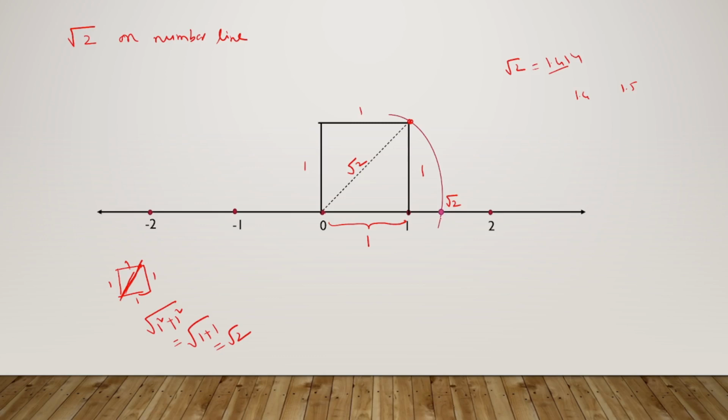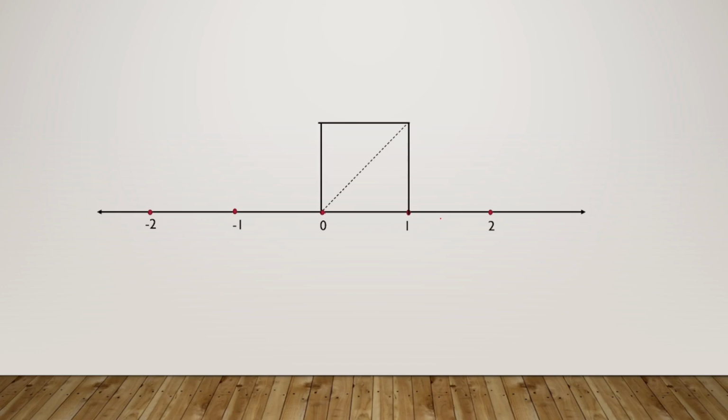For instance, if you want to see root 3 on the number line, start again in the same manner. First we pick root 2 as we did in the previous topic. Again I'm going to draw a perpendicular line here, of 1 unit length only, the same length.